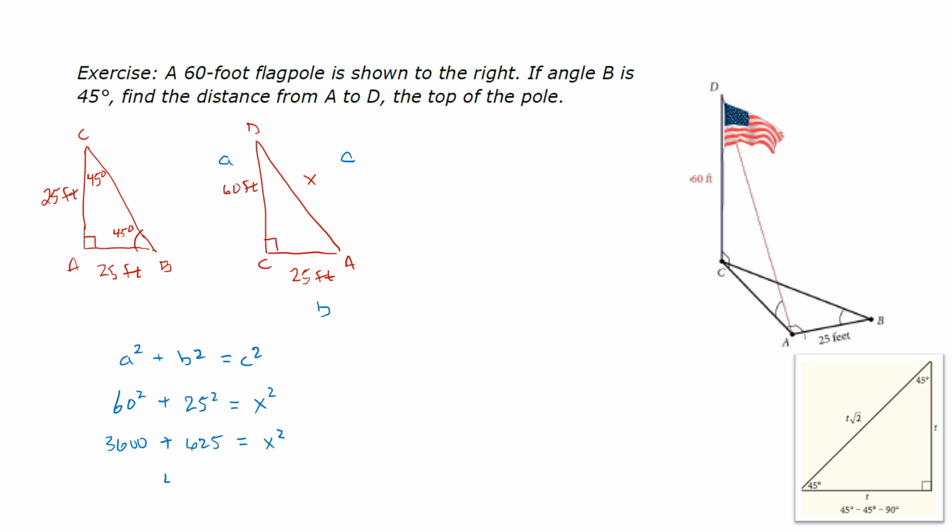So I have 4,225 equals X squared. I can take the square root of both sides. So X will equal the square root of 4,225. Therefore, X equals 65 feet. Okay, so the distance from A to D is 65 feet.